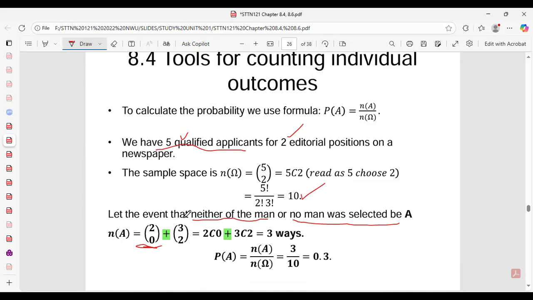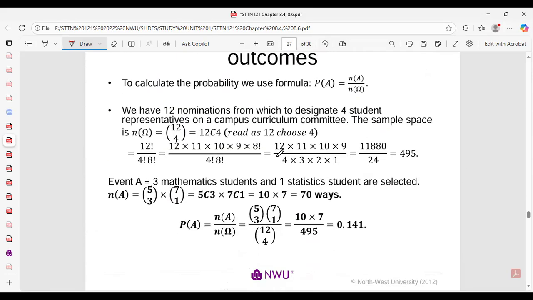I explained this one, and you will get 3 ways. Then to get the probability, you say 3 divided by the total sample space, which is 10, and you get 0.3. So that's how you get it.